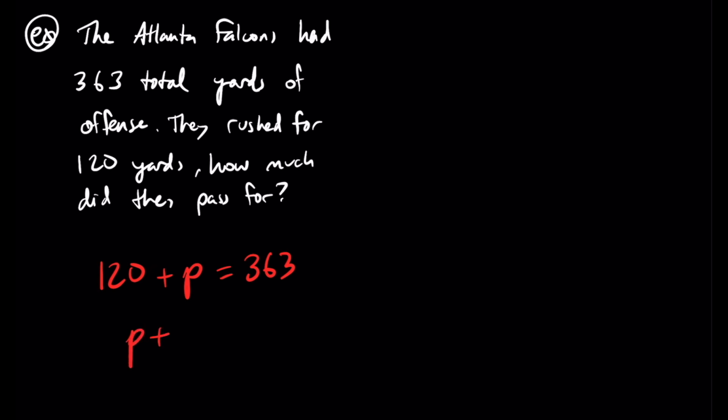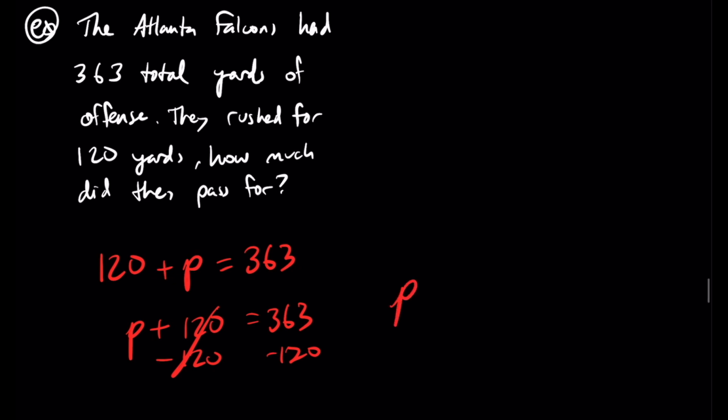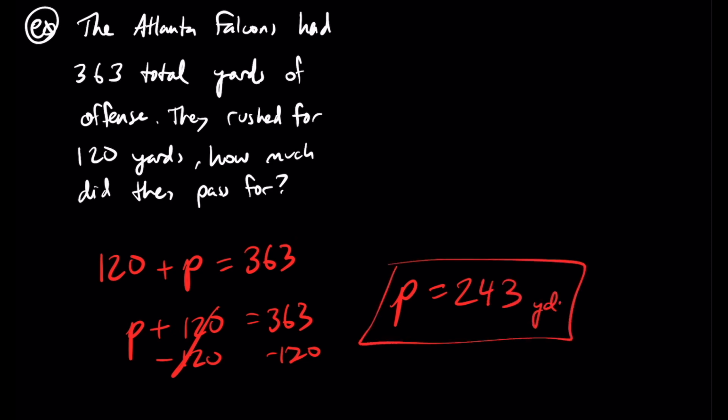So we'll have P plus 120 is equal to 363. To undo that adding 120, I'm going to subtract 120 from both sides. Those will cancel, and we'll get P is equal to 243. So 243 passing yards.